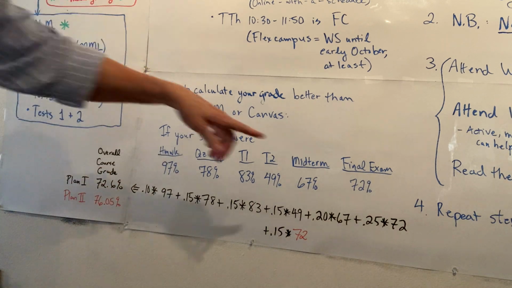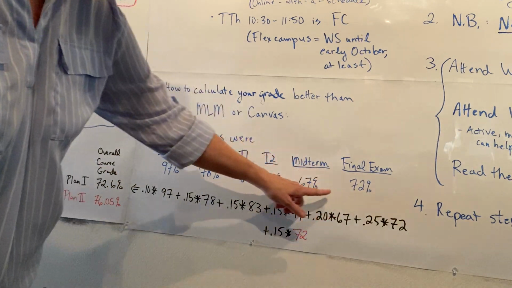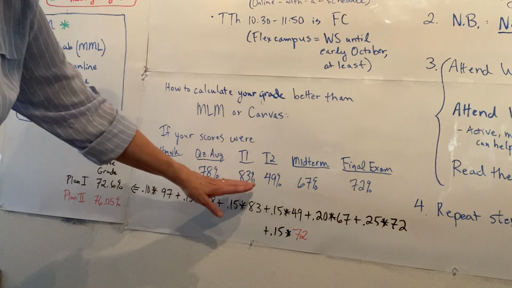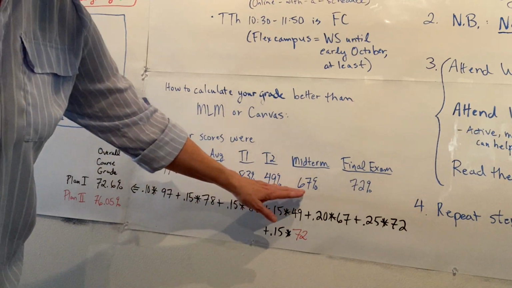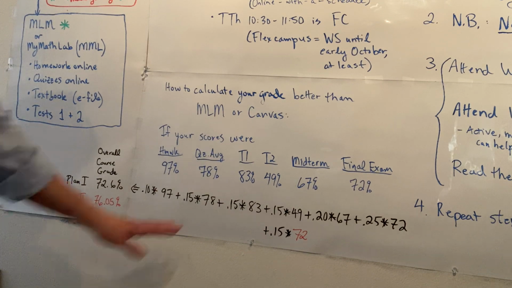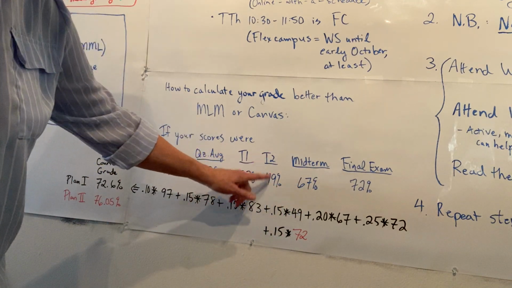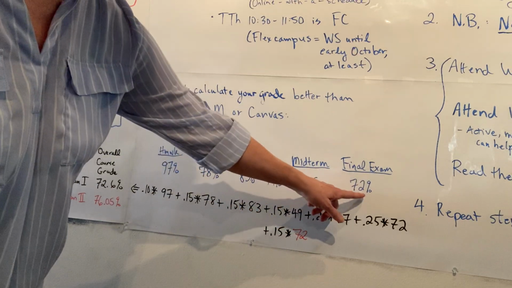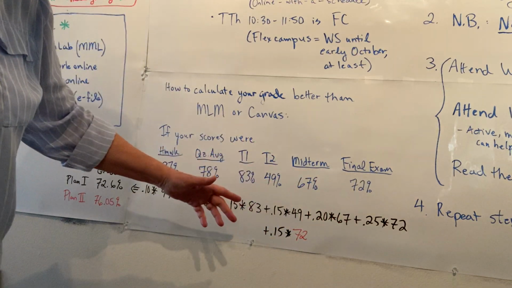And if I want to repeat the calculation, but under Plan 2, take advantage of the fact that the final exam can replace the lowest of what? Test 1, Test 2, or the midterm. Okay? So which of these is the lowest? Test 2, 49. The final exam can replace it if it exceeds it.